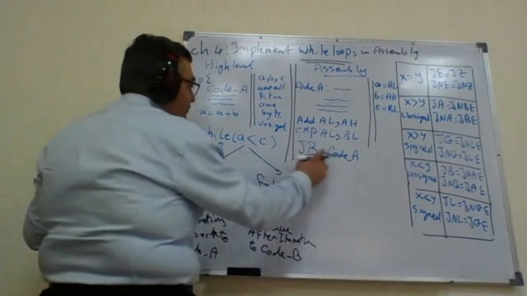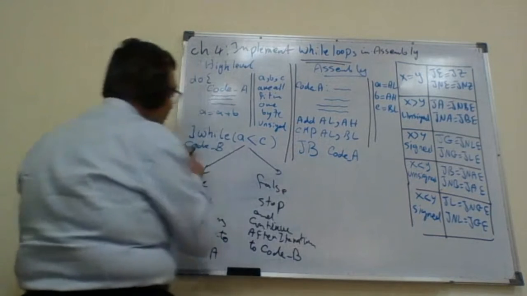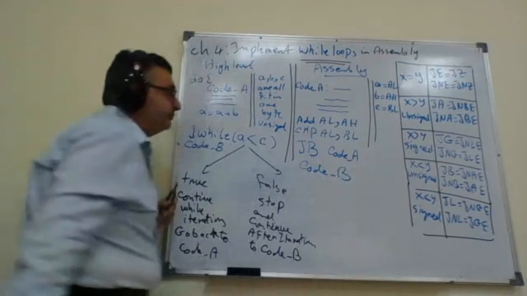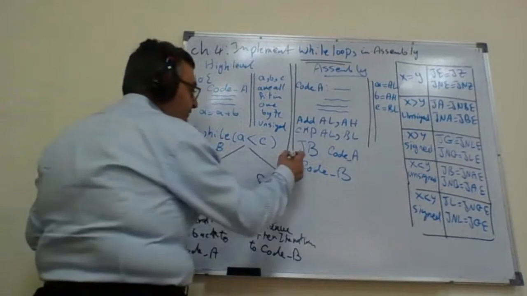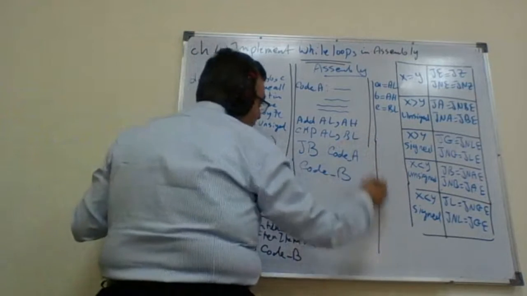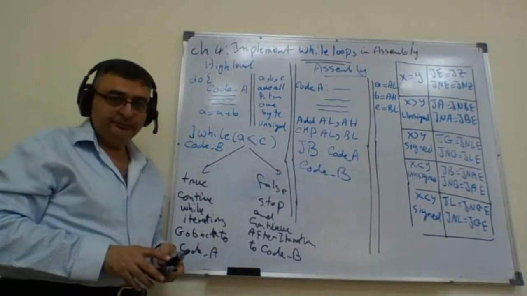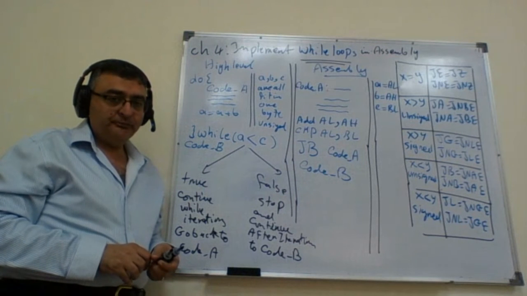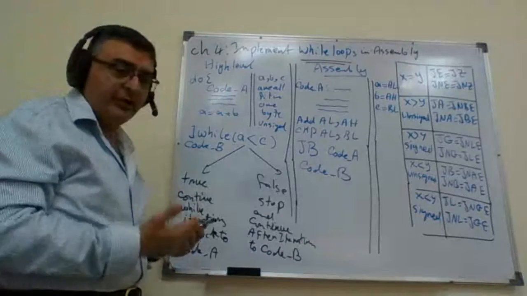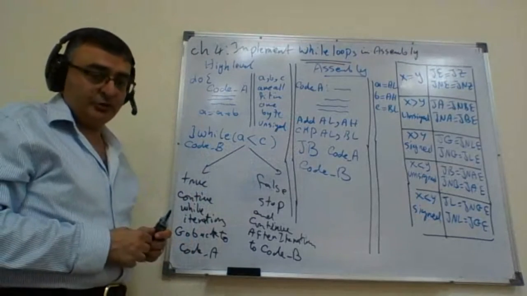If it is not below, then I have to do the code for B. What we have seen here in assembly is actually matching what we have in the do while loop. Agree? Make sense? Clear idea? So you have to think about the condition very well before you use the assembly instructions.